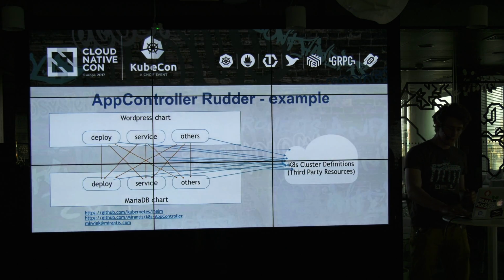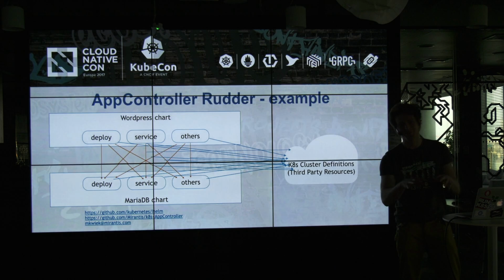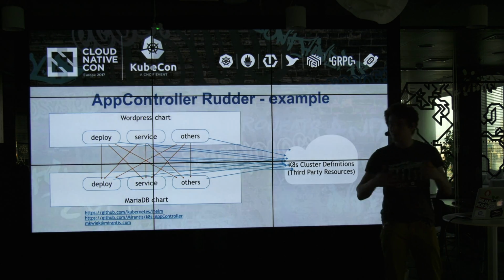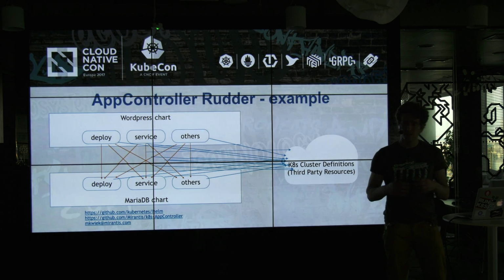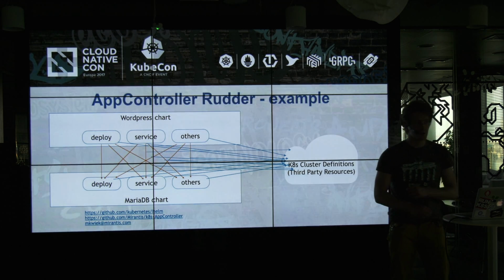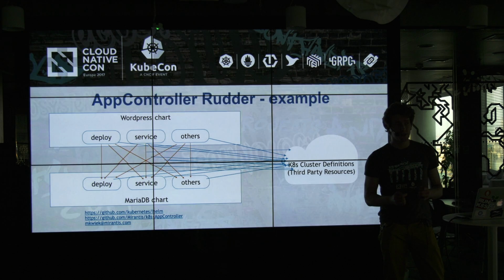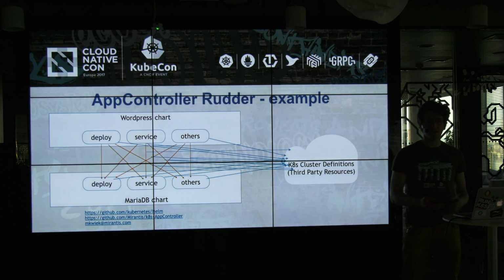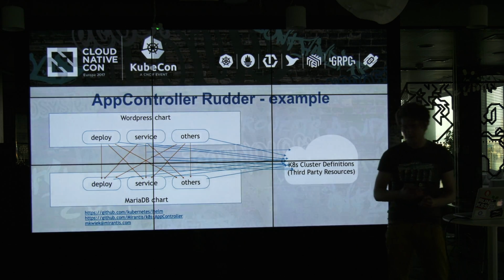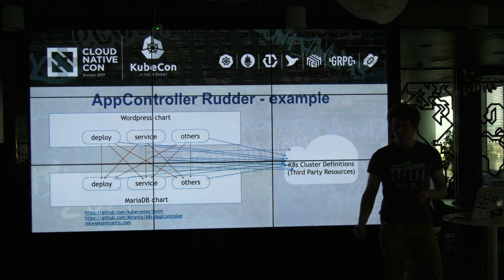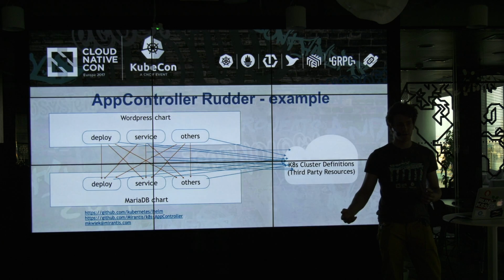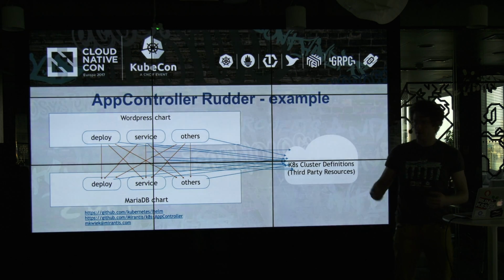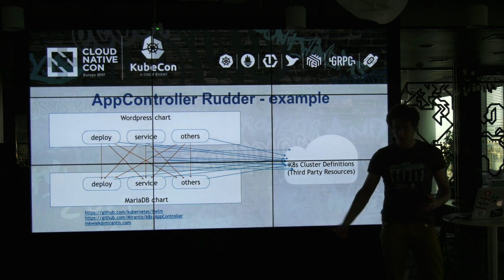So all this stuff is again shoved into the cluster, but now it's not actually created in the cluster, because all we did was create third-party resources which are not used in any way by Kubernetes controllers. So if we create a deployment object through the Kubernetes API, it automatically creates a replica set.